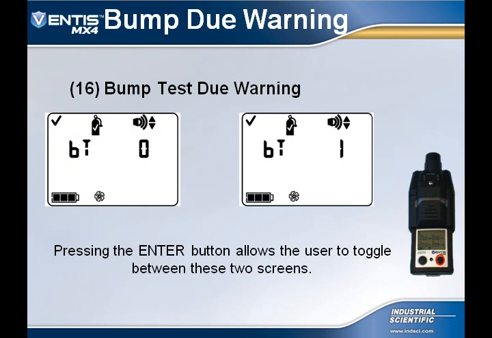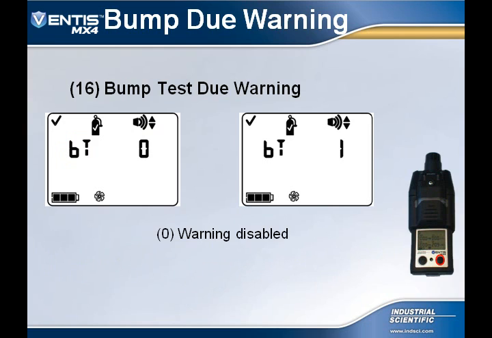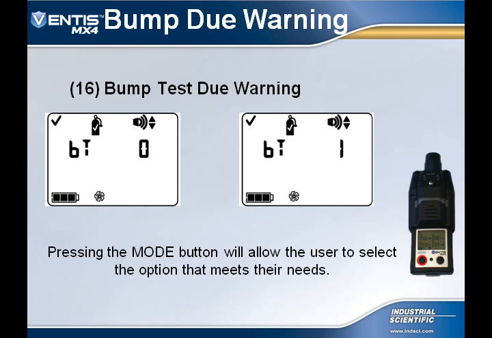Pressing the Enter button allows the user to toggle between BT0 and BT1. The BT0 screen allows the bump test warning to be disabled. The BT1 screen allows the warning to be enabled. Pressing the Mode button allows the user to turn the bump test warning on or off.